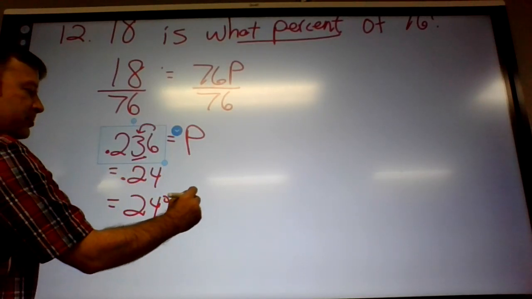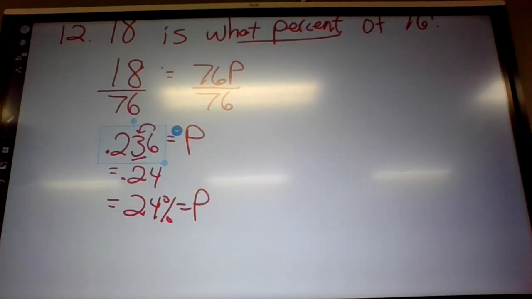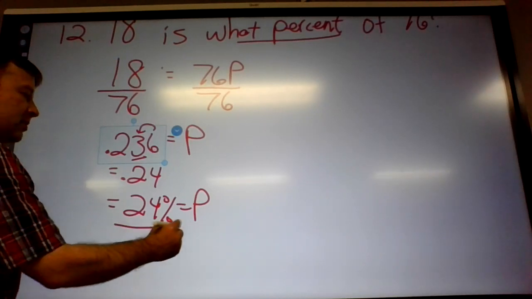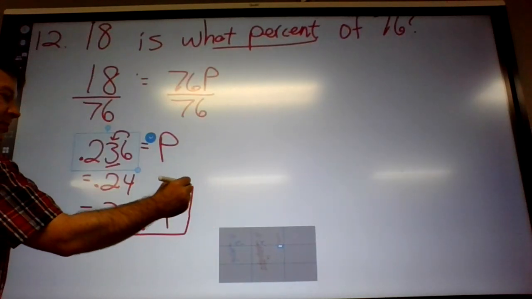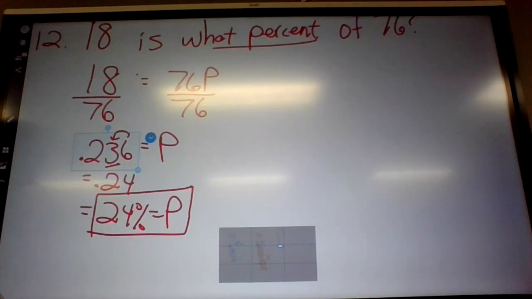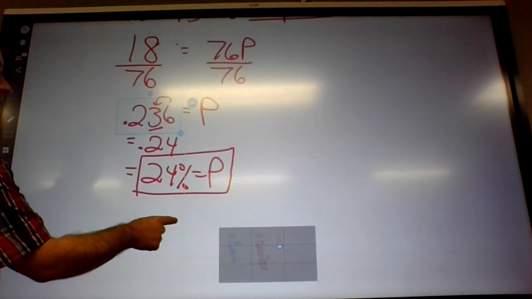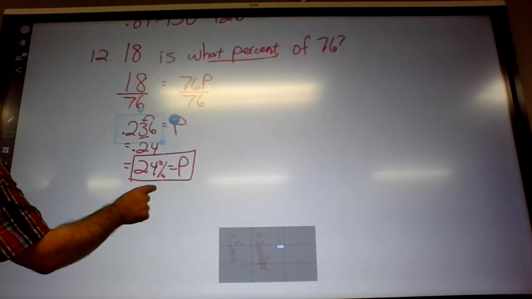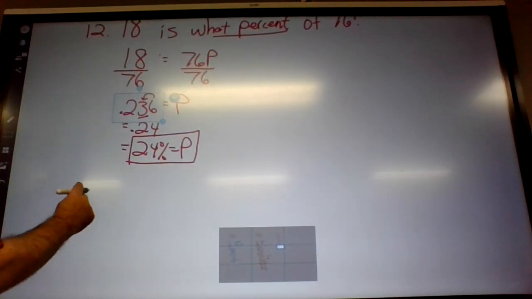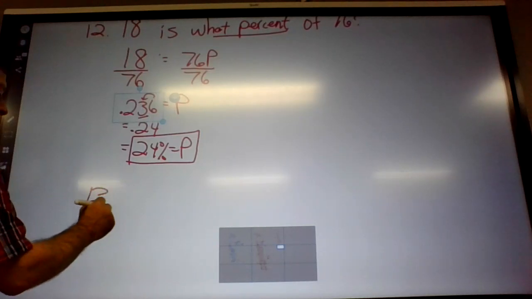So if you only put 0.24, I'd have to take half off because the problem said what percent. So you have to go all the way to 24%. The hundredths place and the 1% place is the same place. So you're kind of rounding it the same way either way.